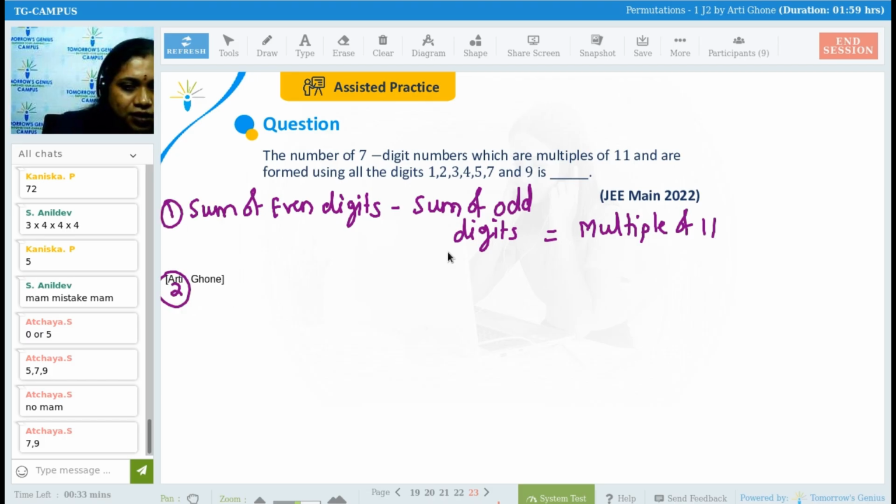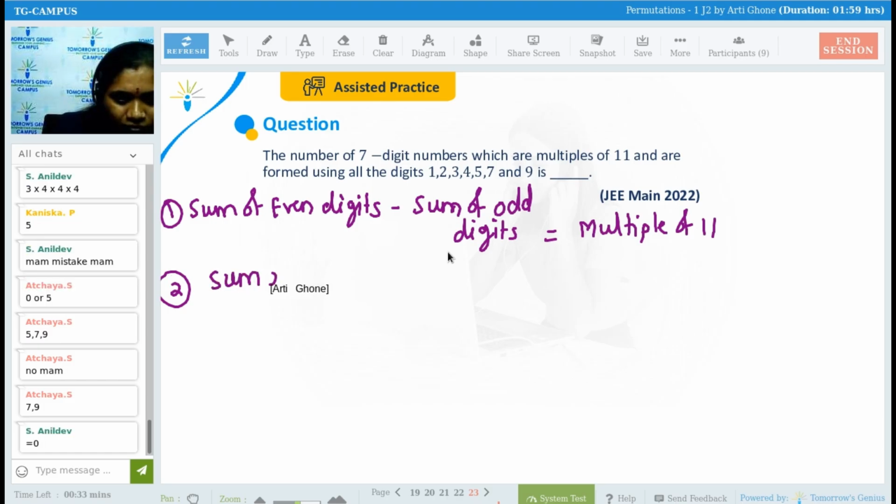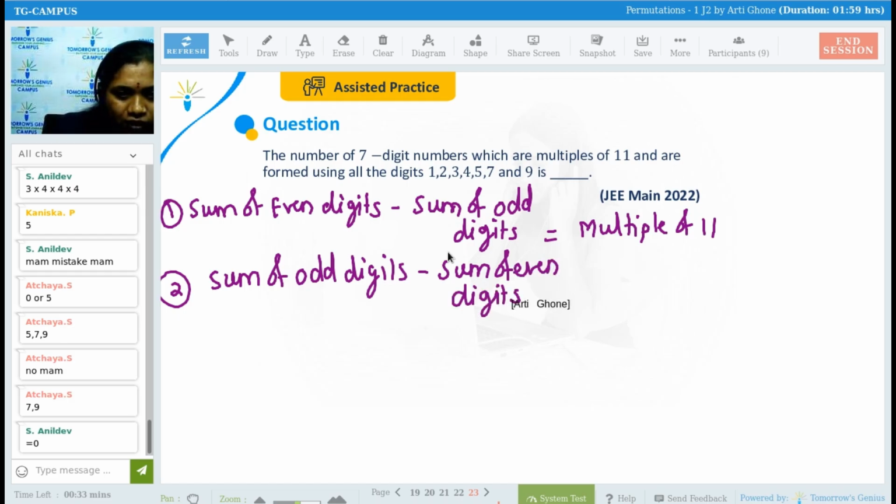Second case, sum of odd digits minus sum of even digits is equal to a multiple of 11.